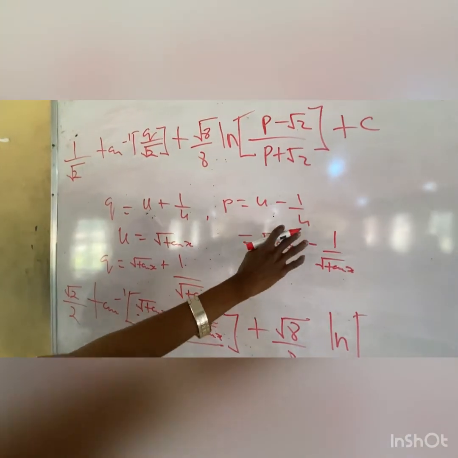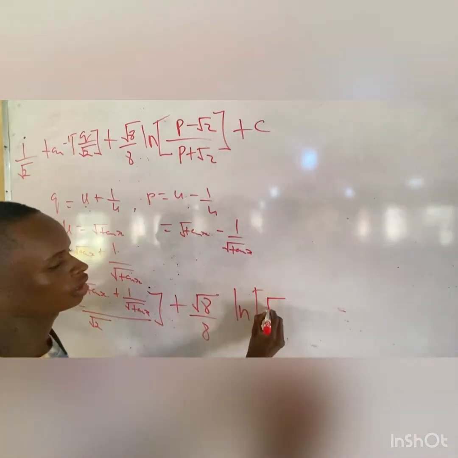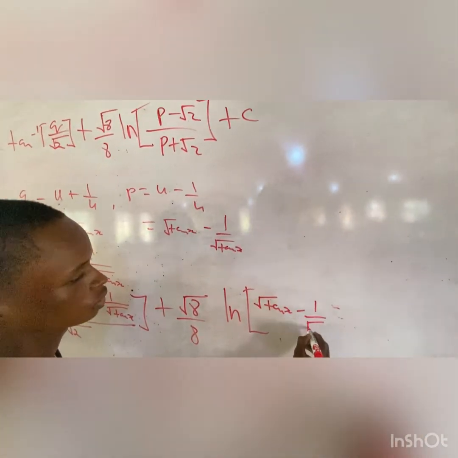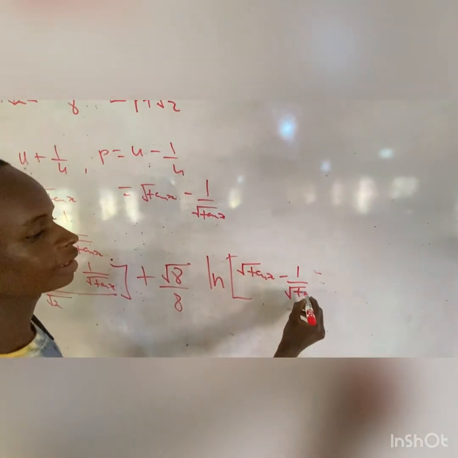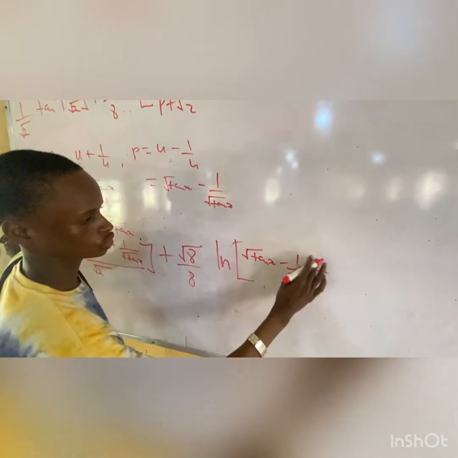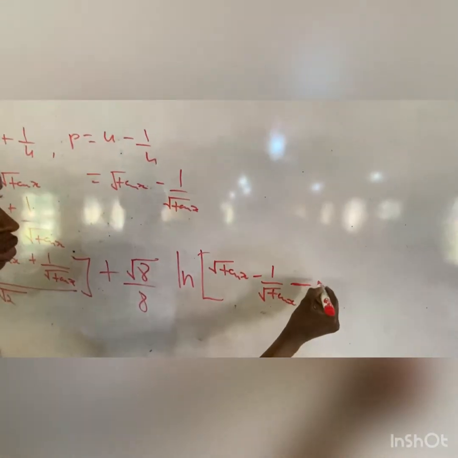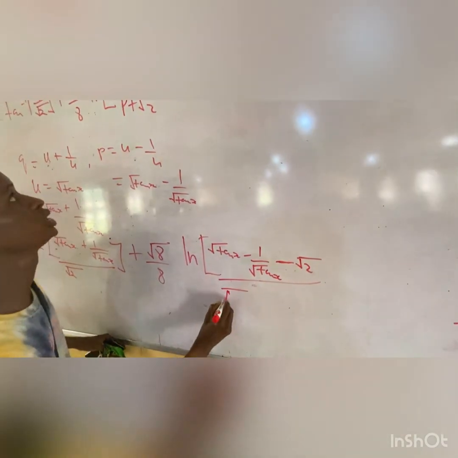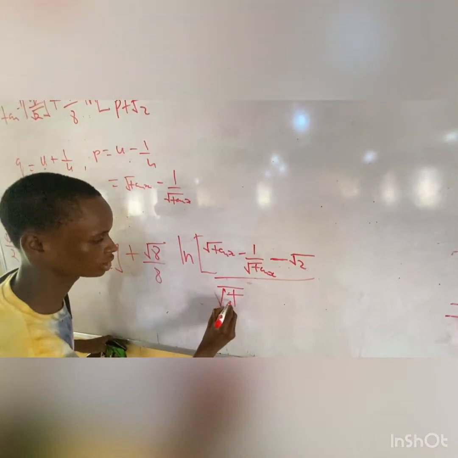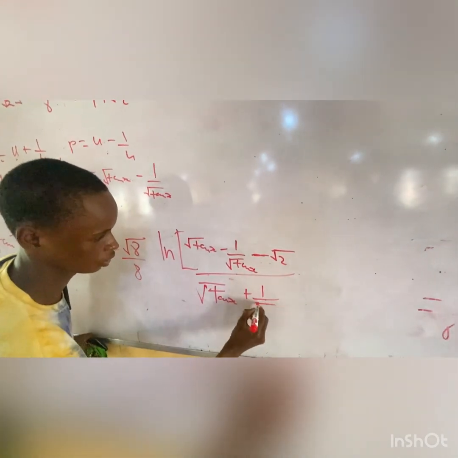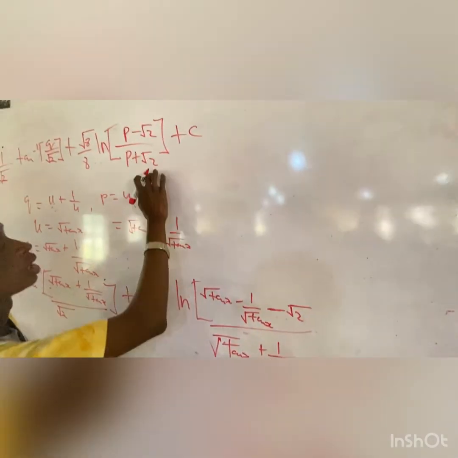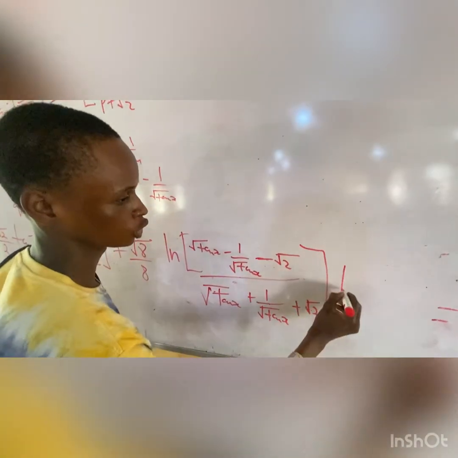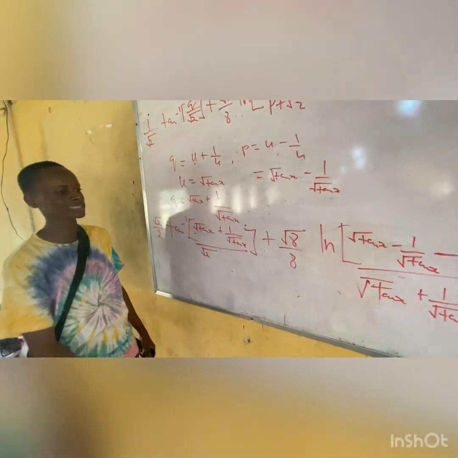Our P is this: the square root of tan x minus 1 over the square root of tan x, minus root 2, over the down part, which is the square root of tan x plus 1 over the square root of tan x plus the square root of 2, plus C. So that's the final answer for the square root.